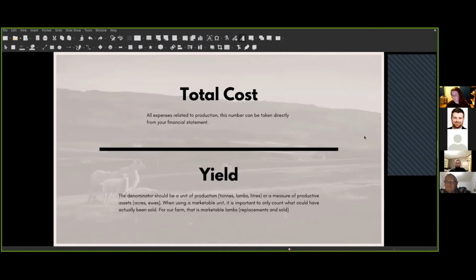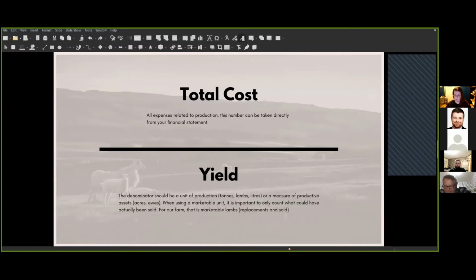So the formula is very simple. You just take your total cost, and it should be all items related to actual production. If you have multiple enterprises going on, like beef and lambs, and you want to do cost of production of lambs, then you want to make sure you're only taking the total cost associated with those lambs.